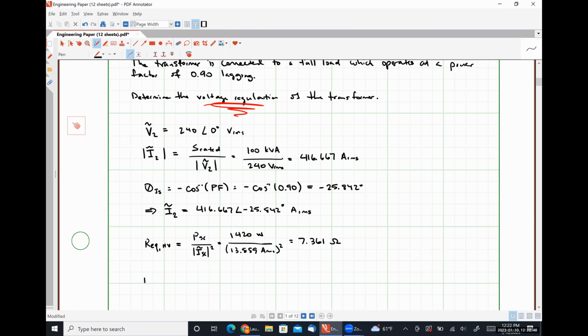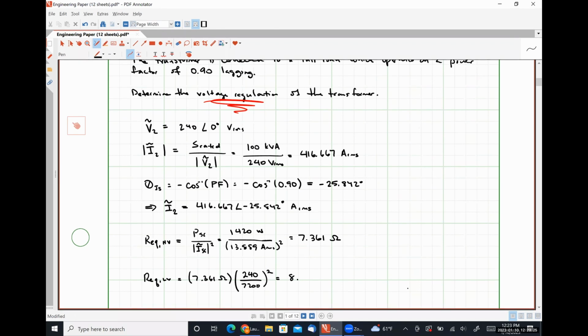So R_EQ low voltage, or R_EQS, is going to be 7.361 ohms times 240 over 7,200 squared, or I'm saying dividing by a squared is effectively multiplying by the reciprocal squared. And that's going to get us a resistance of 8.179 milliohms.